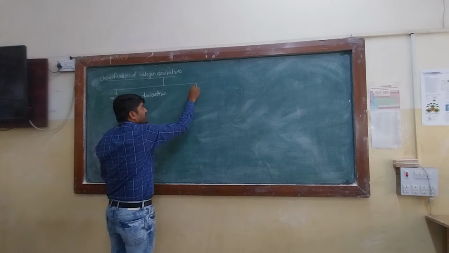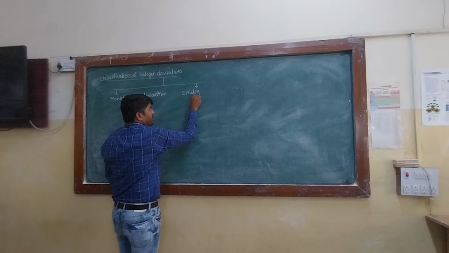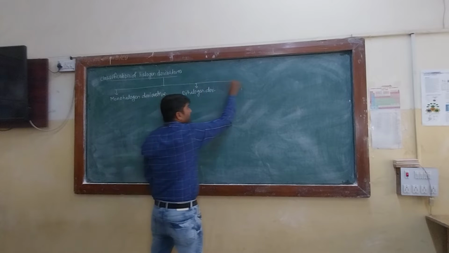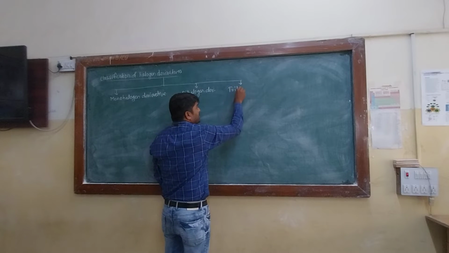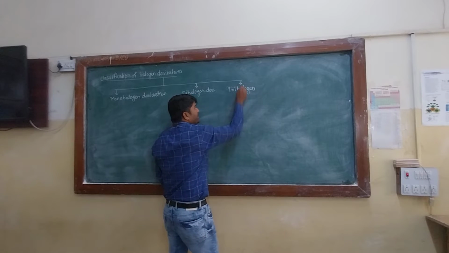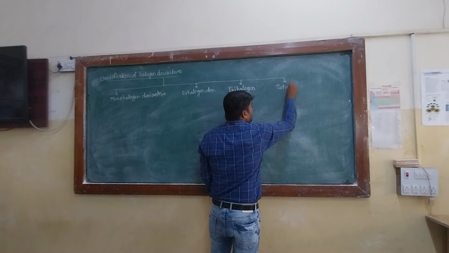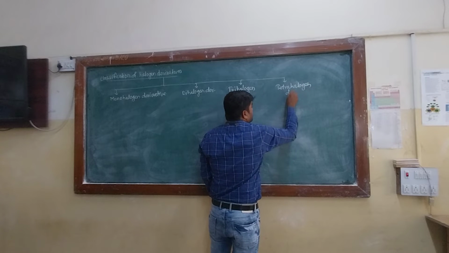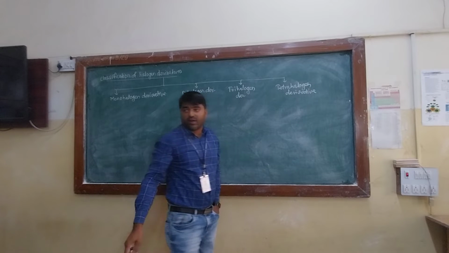Then the second one is the dihalogen derivative. The third category is the trihalogen derivative, and the fourth category is the tetrahalogen derivative.